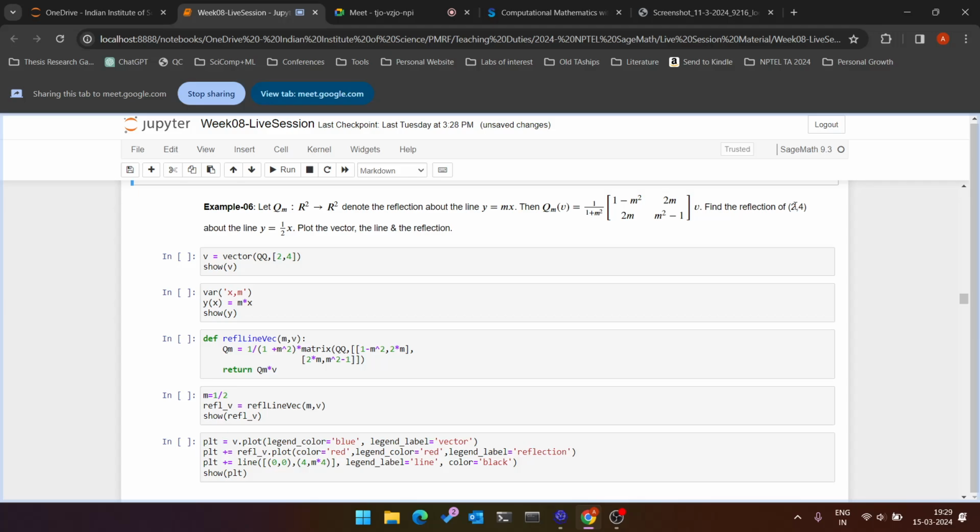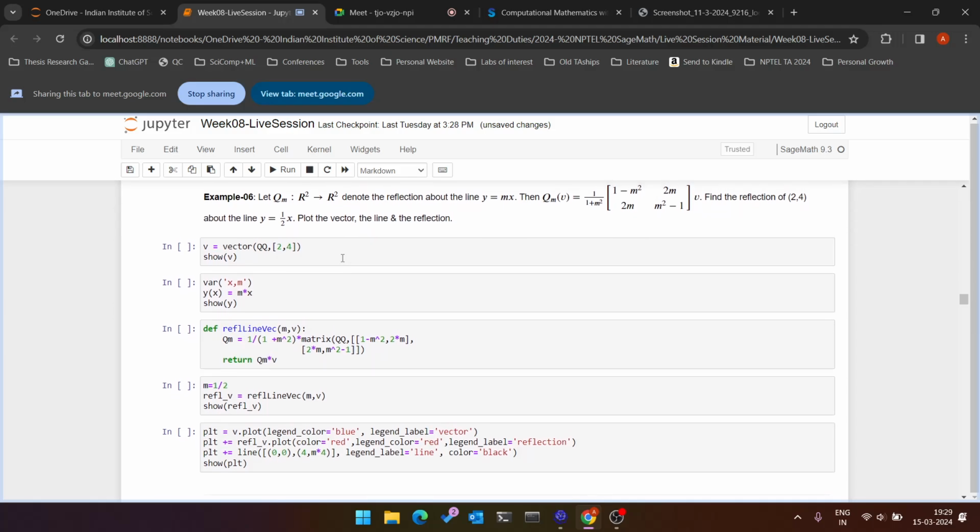We have been asked to find the reflection of the vector 2 comma 4 about the line y is equal to x by 2. Then we have also been asked to plot the line, the vector, as well as the reflection of the vector with respect to the line.